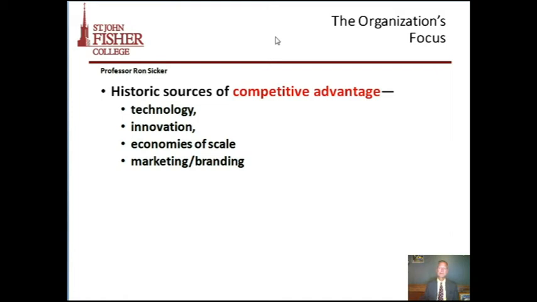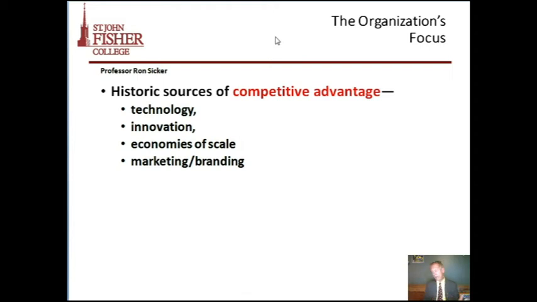So in order to compete these days, an organization has to have a competitive advantage, and competitive advantages can come from a lot of different sources. For instance, you could have a competitive advantage in technology. Google, for instance, has a competitive advantage in their technology. You could have a competitive advantage in innovation.